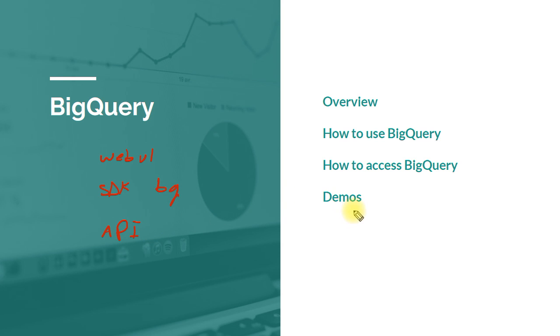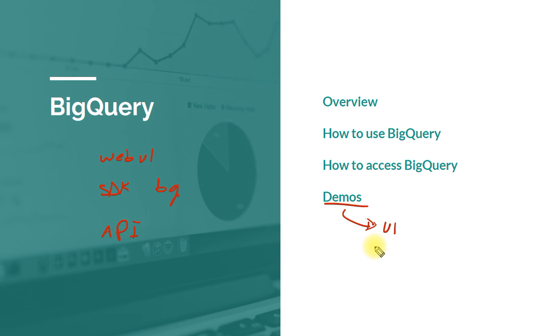So for the demos, as I mentioned in the beginning of this section, I will have three demos for you. The first one is just in the web UI, where you will be able to see the UI and how we can work with the data and how to run queries from the UI itself. After this, I will take you to the command line and then we'll see the API.